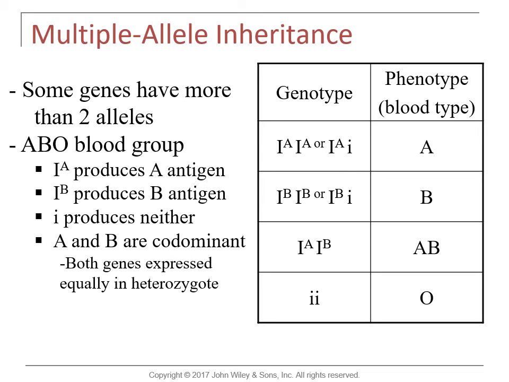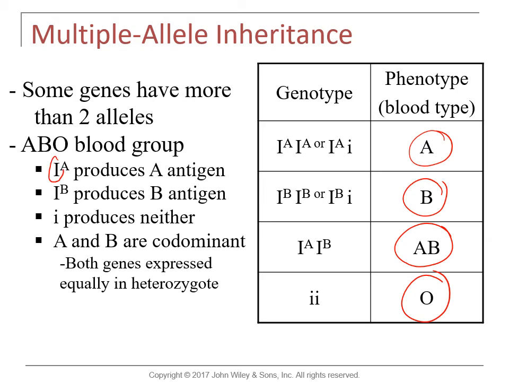The 4 blood type phenotypes of the ABO group are blood type A, blood type B, AB, or blood type O. Those result from the inheritance of 6 combinations of 3 different alleles of a single gene called the I gene.